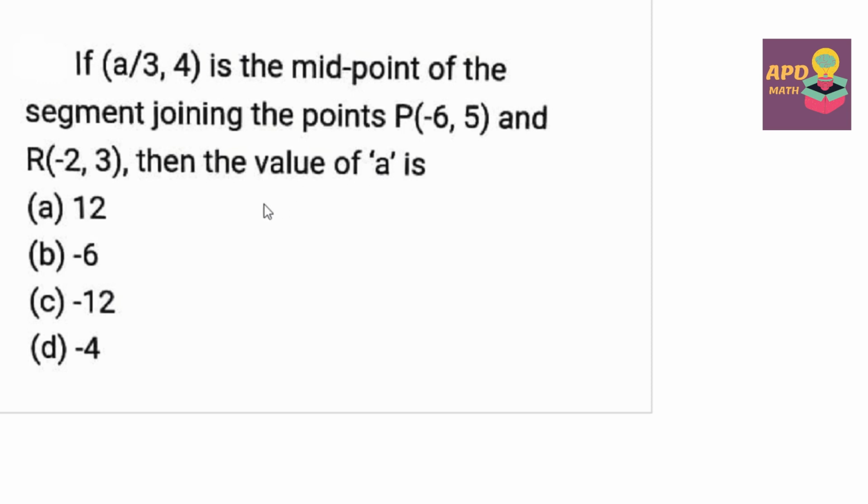So what is the midpoint formula? Suppose x comma y is the midpoint, that is the coordinate of the midpoint. So x comma y is equal to x1 plus x2 by 2 comma y1 plus y2 by 2.